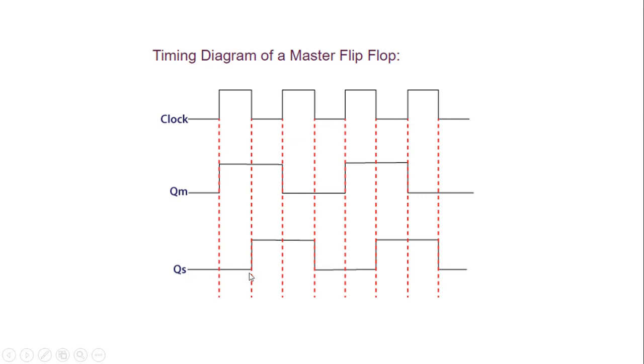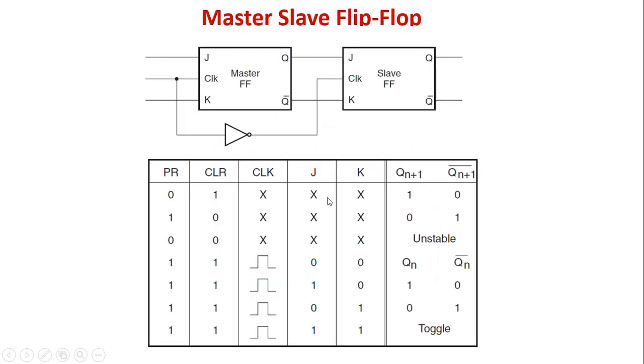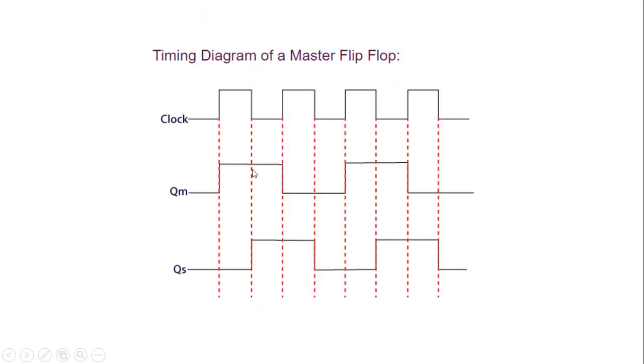So the final output is in the previous state only, and only the intermediate output will change. Suppose J is 1 and K is 0, because it is setting. So this master flip flop is working.